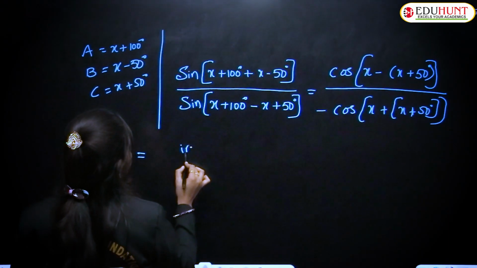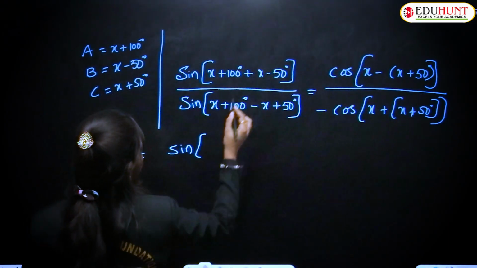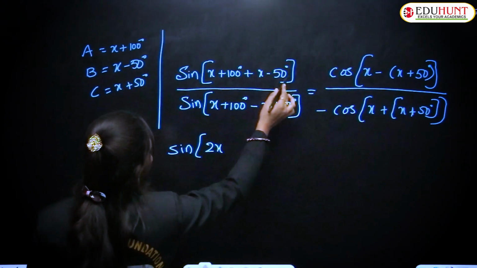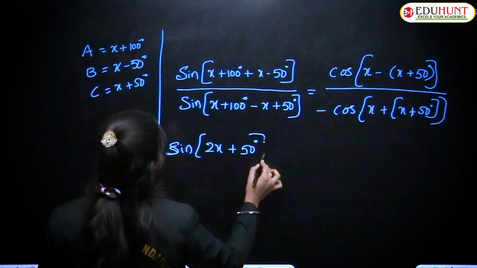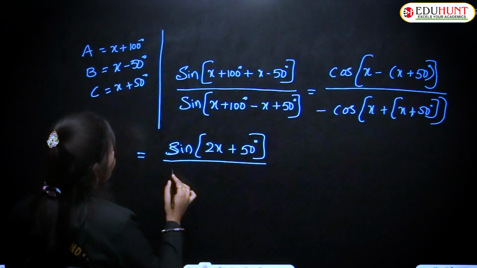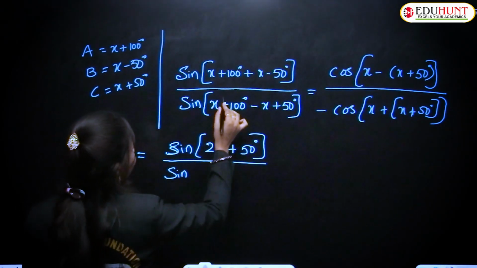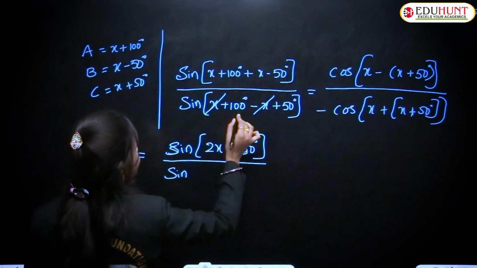Yes. Sin of x plus x is 2x, 100 minus 50 is plus 50, so 2x plus 50 by sin of 100 plus 50, where plus x and minus x get cancelled.